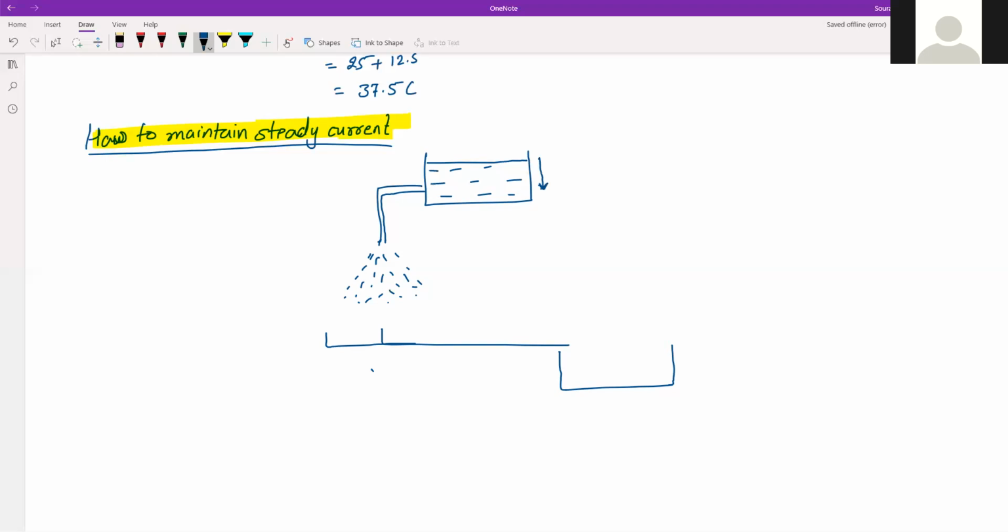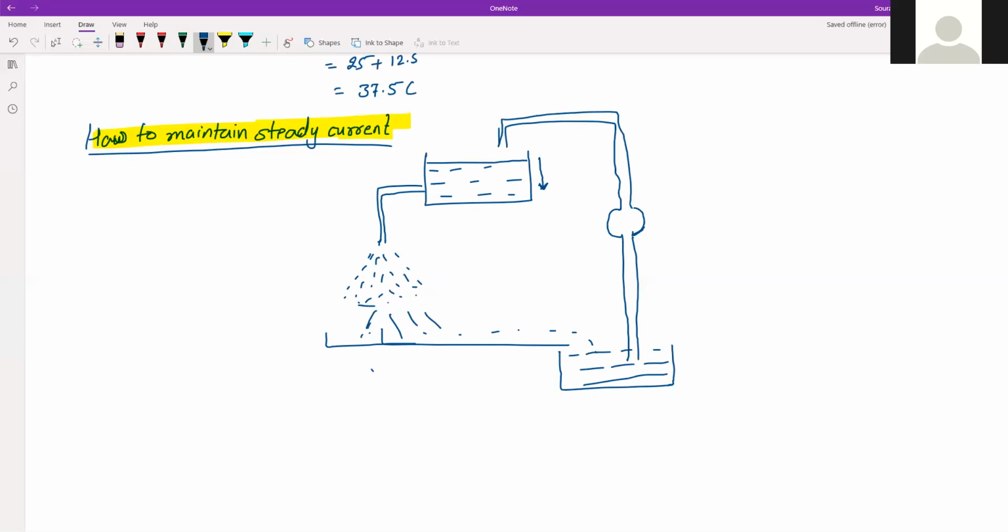Instead of wasting this water which is getting collected here, try to come up with a closed path where this water is collected, and after getting collected here, it reaches this tank. And here I use a pipe and a pump to lift this water and take it back to this height, or the overhead tank. So this is how we are going to maintain it.